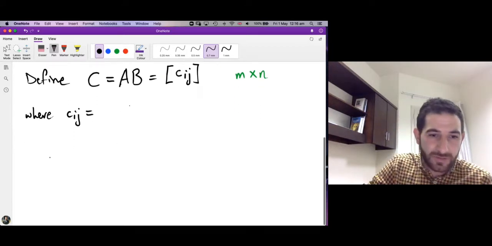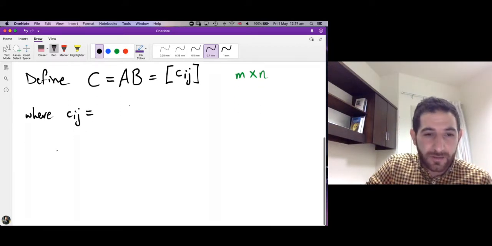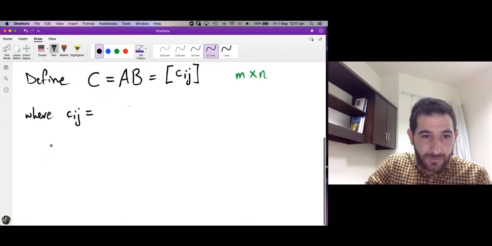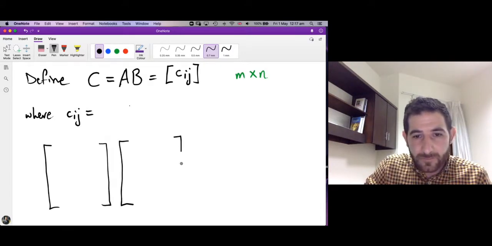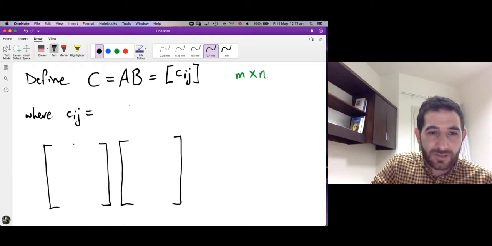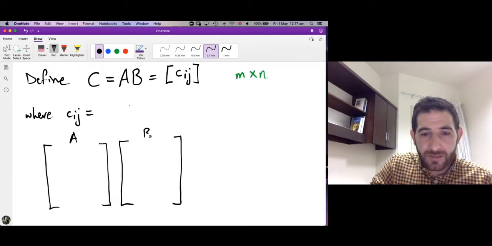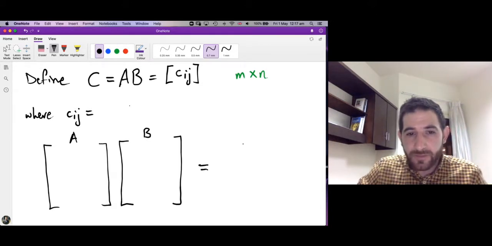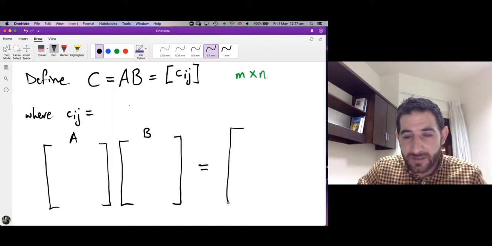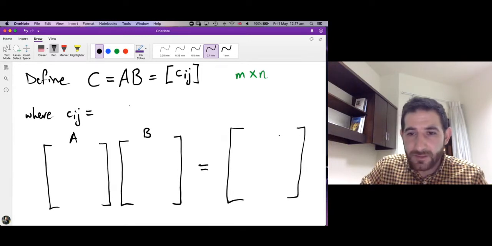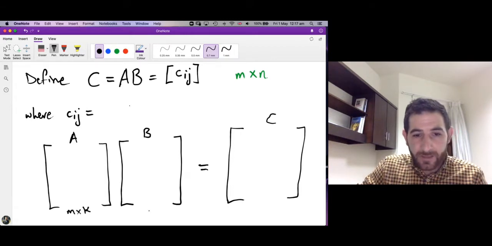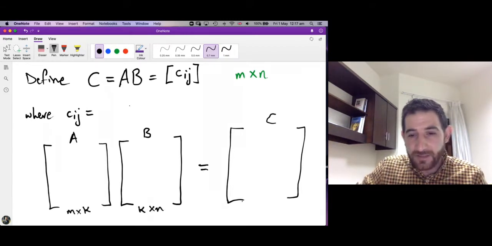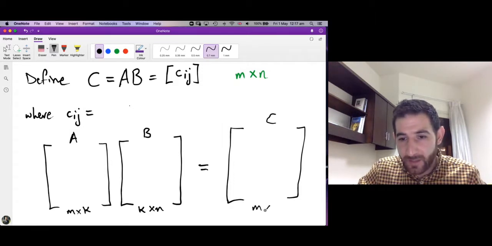So let me suppose this is the matrix A. We will multiply it with the matrix B, and we want from this multiplication to obtain a matrix C, where A has dimension m by k and B has dimension k by n, and C, we will see, will have dimension m by n.